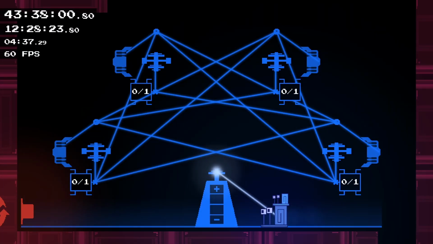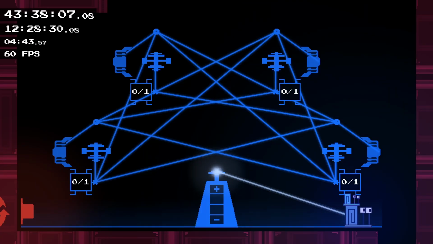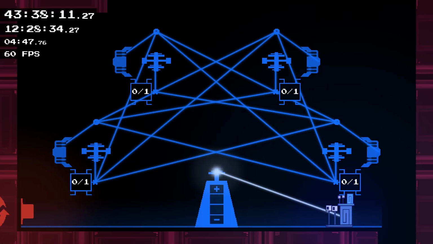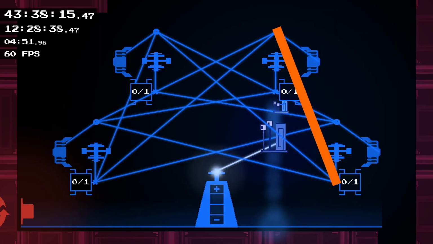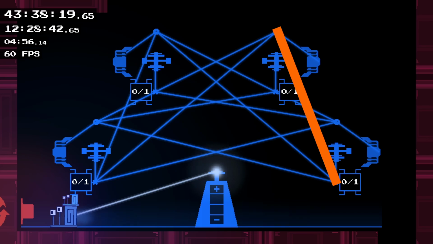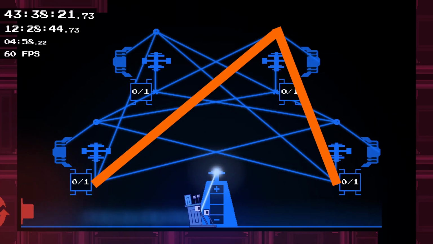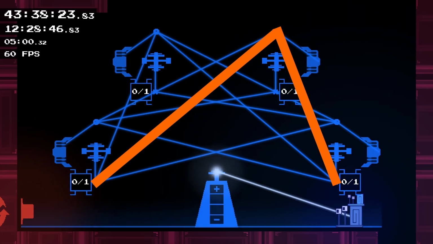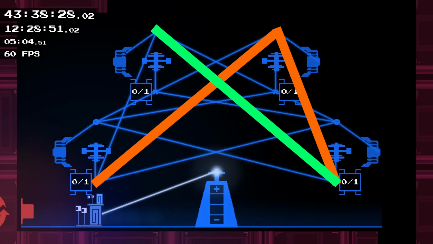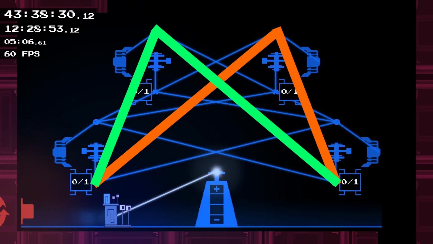But now that we've got 4 of these modules, there now just by default are 2 different connections between the gate on the right and the gate on the left. For example, we can have the connection from the gate on the right to the door at the top right, and from there it goes directly into this gate on the left. We could also have the connection from the gate on the right to the door at the top left, and then back to this gate on the left.